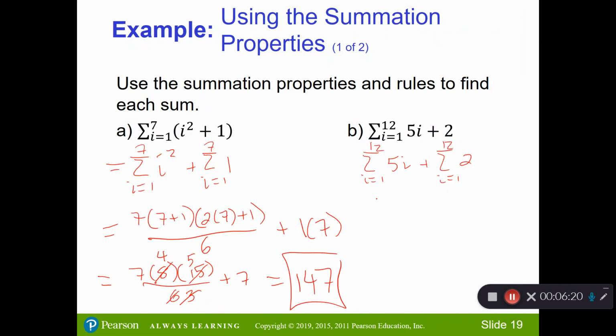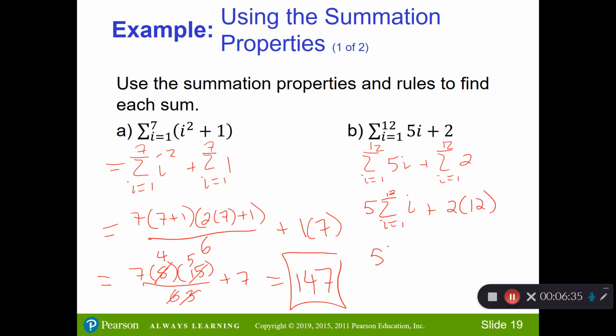So I'm going to write this as 5 times the sum from i equals 1 to 12 of i, plus this guy is just like this one. So my constant is a 2, and the n in this case is a 12.